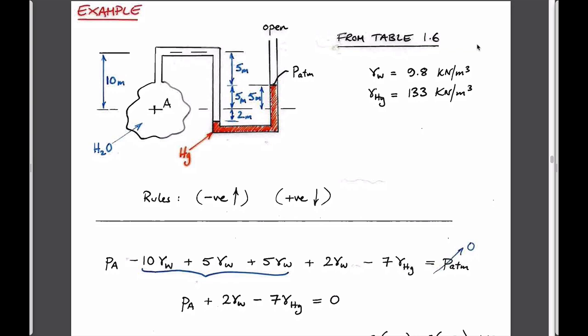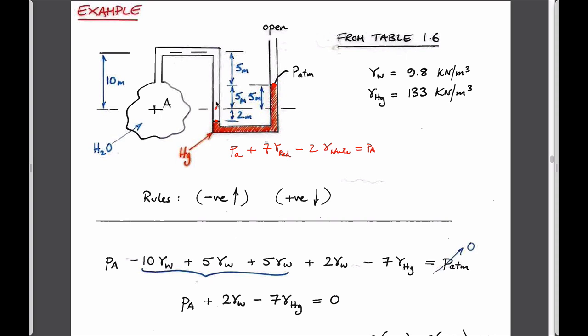Start from a place where you know things. If you want to calculate the behavior there, I think the easiest way is to write the pressure at a point you know, minus 7 times the unit weight of red, minus 2 times the unit weight of white, equals PA.